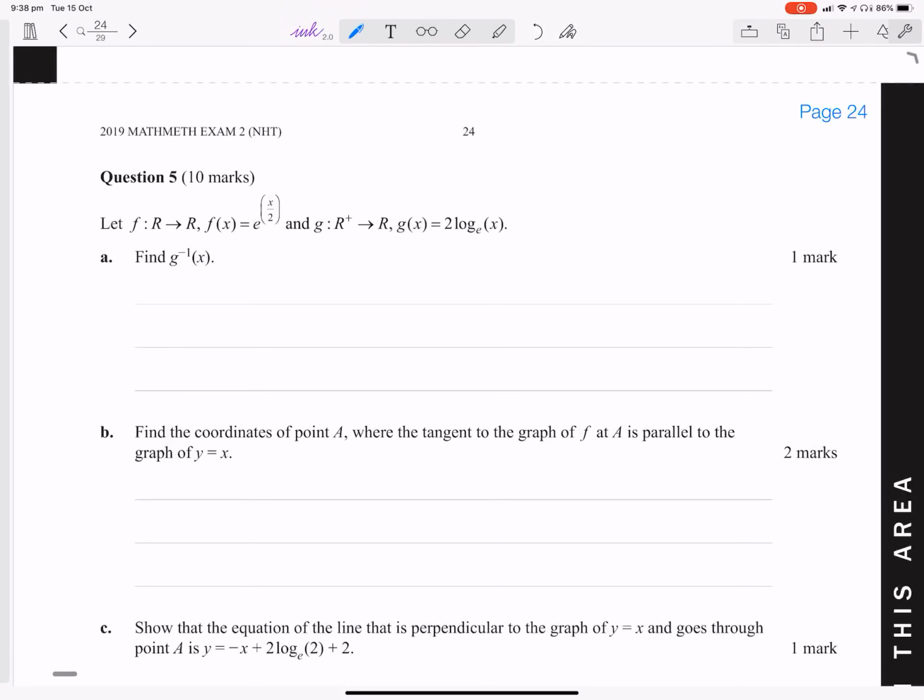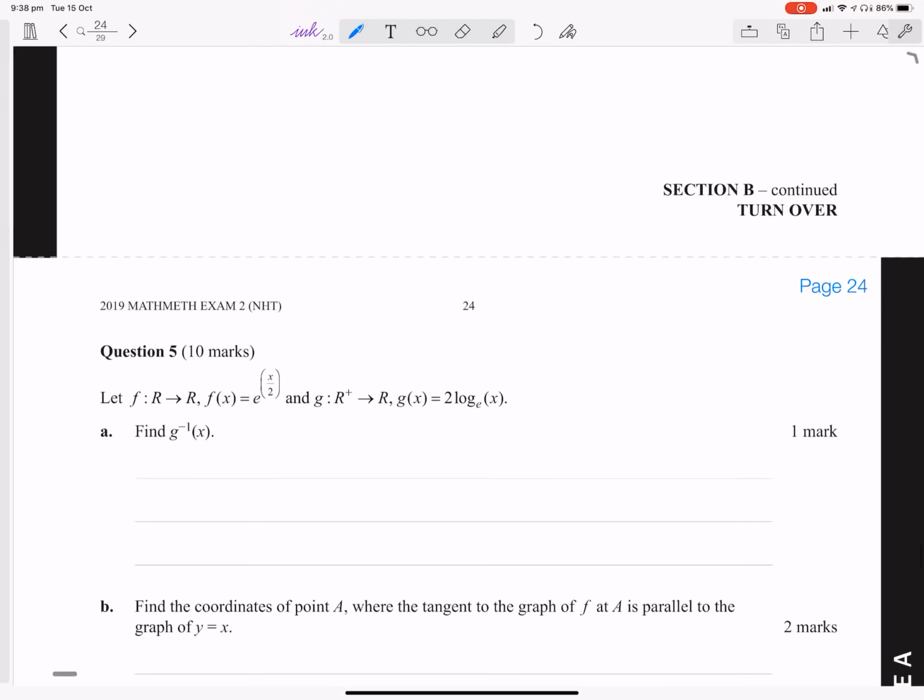Okay, find g inverse. Let y equal g of x, swap x, and actually you don't have to do that because it's worth 1 mark.